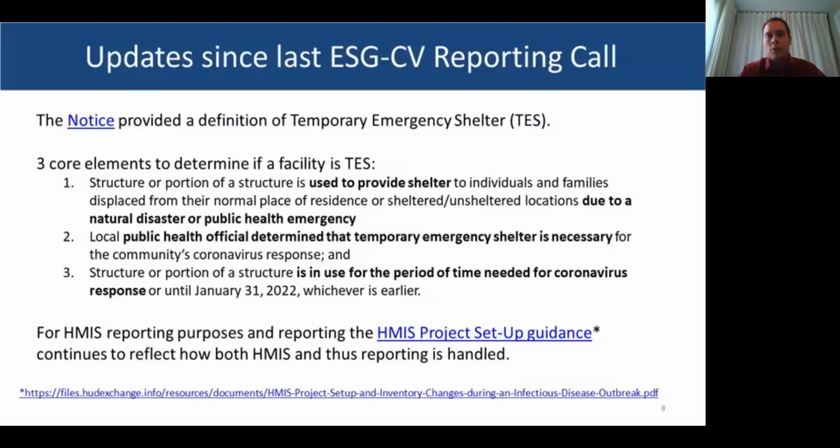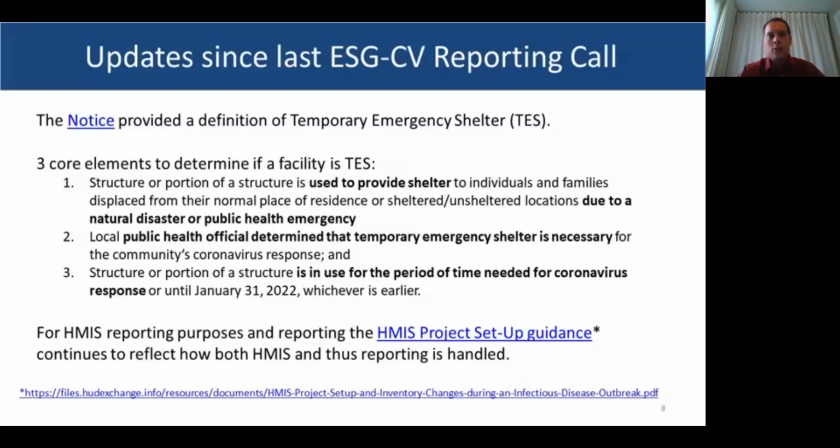So for ESG-CV, you can only count something that you used as early as January 21st, 2020. If you're trying to claim costs from before January 21st, we're going to say, well, that wasn't in use during the period of time needed for coronavirus. So I don't think that's going to be an issue for folks.